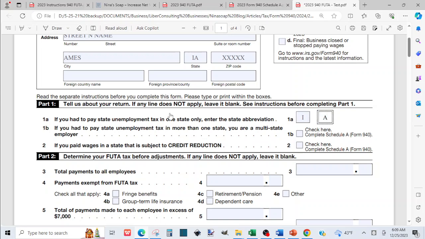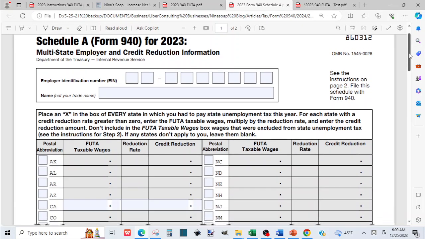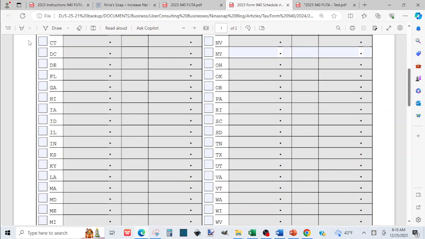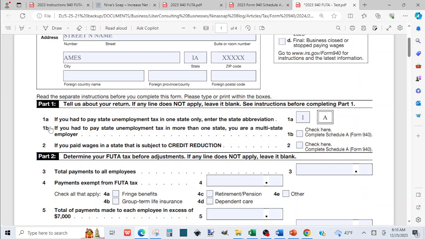If you do not know the abbreviation of the state, you can look at Form 940 Schedule A for 2023 and scroll down to look for the state your business is in to see the right abbreviation that they are using. Okay, and line 1a, we just did that.